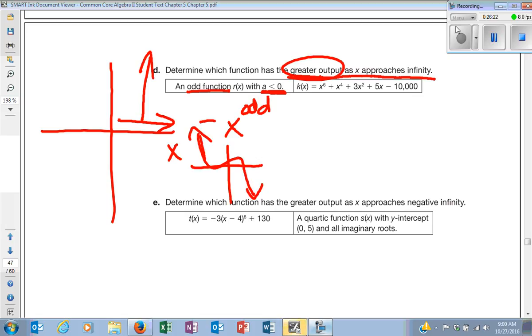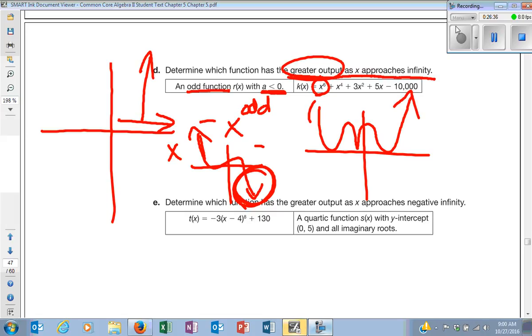So as this thing is going to infinity, it's got negative outputs. So I've got negative outputs here. This guy is even and it is positive, so I know that it's probably going to look something like this. But all I care about is as it's going towards this way, it's continuing up, which means it has positive outputs. So this guy is going to have greater outputs.